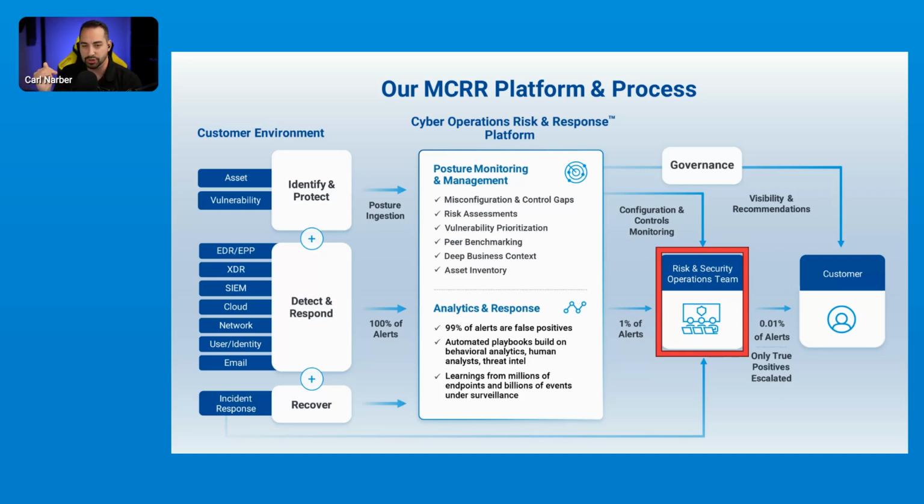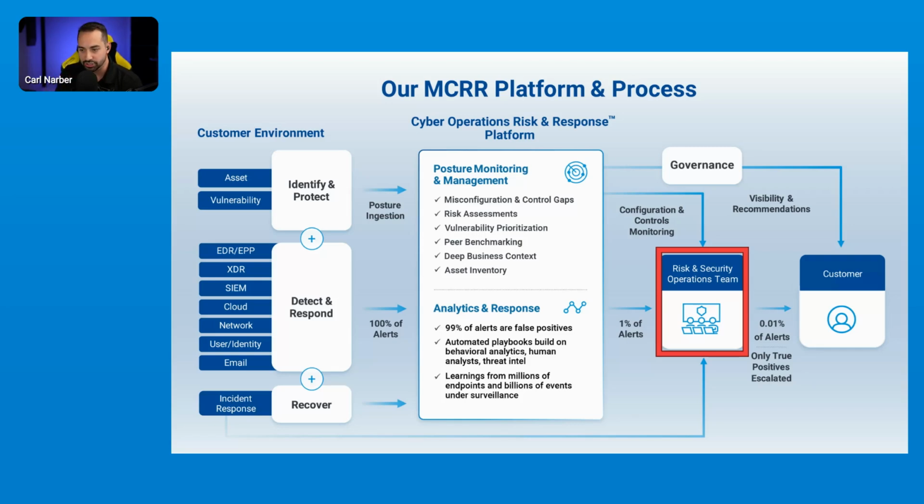Now, moving down, you can see the value, right? The 99% of alerts, removing that noise and making sure that you're only looking at the 1% of alerts. Because if you're looking at thousands of lows and mediums, and hopefully not thousands of highs but hundreds of highs, you're never going to have the time to look at all of those alerts as they're coming in. It just has a compounding effect over time.